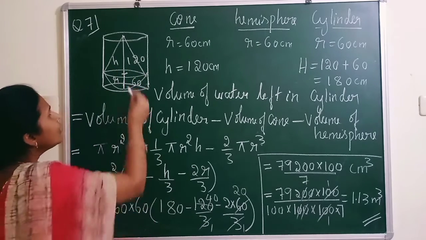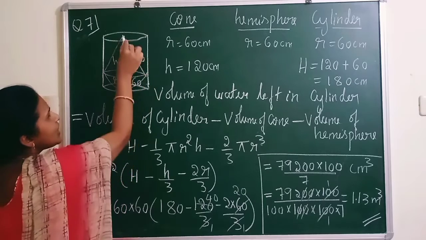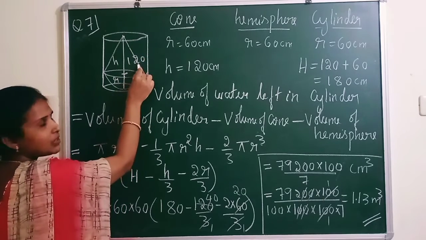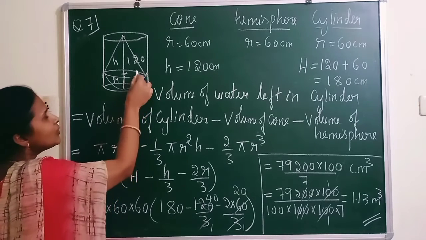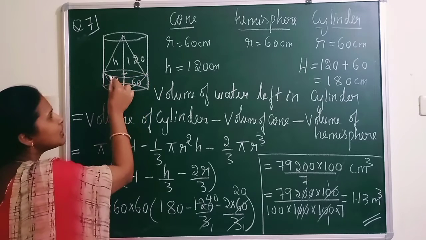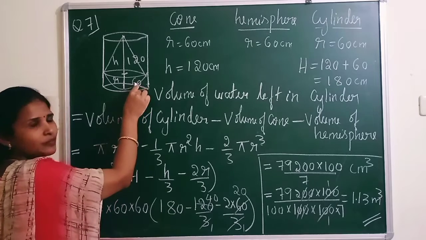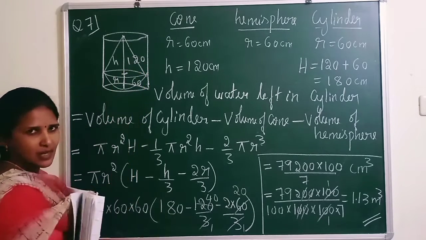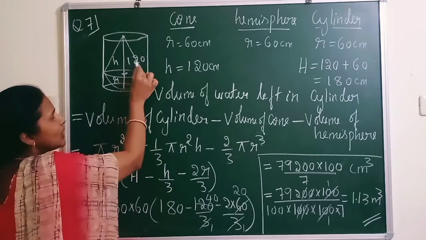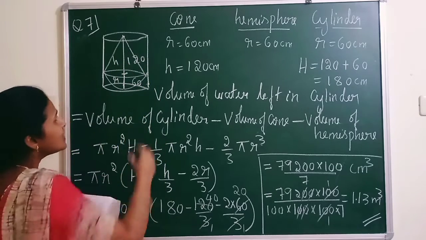So what they have done? A cone of height, what is the height of the cone given? 120 centimeter and the radius of the cone is 60 centimeter, which is mounted on a hemisphere and radius is also 60. Means the radius of hemisphere and the cone is same. Height of the cone is 120 centimeter, which is immersed.